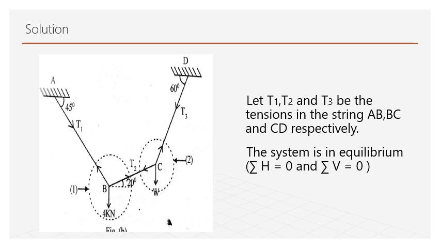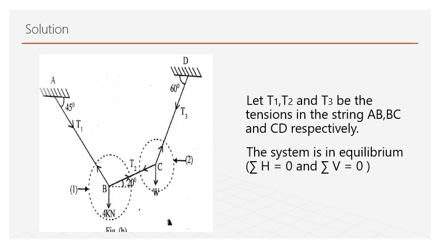At joint B you can see the forces acting: T1, tension always marked away from the joint, 4 kilonewton weight always acts vertically downwards, and T2, again acting away from the joint or away from the body. Tensile forces always act away from the body.